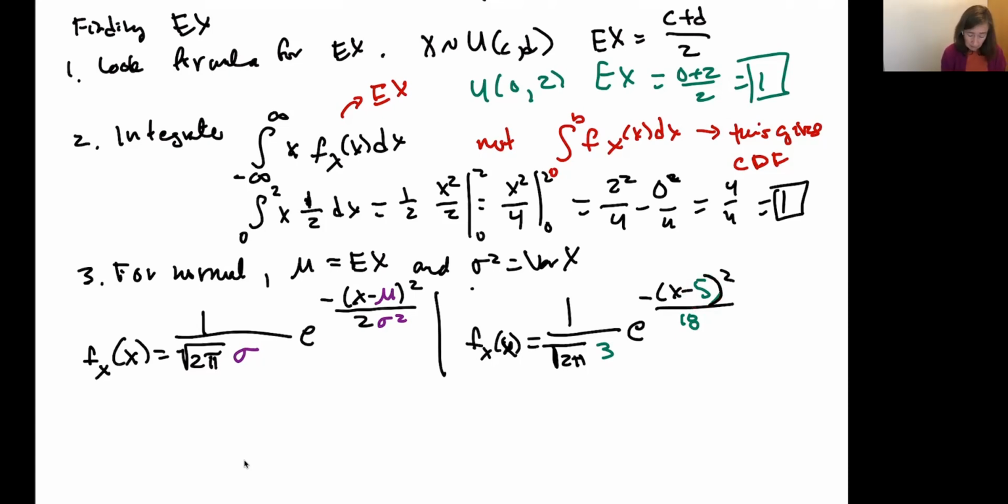It's right there in the PDF. And so E[X] equals 5. And the variance of X we can check in two places. It is the square of what we have here, and it is 1/2 of what we have there, and both of those things give us 9. And so we can just read those moments right off the normal PDF.